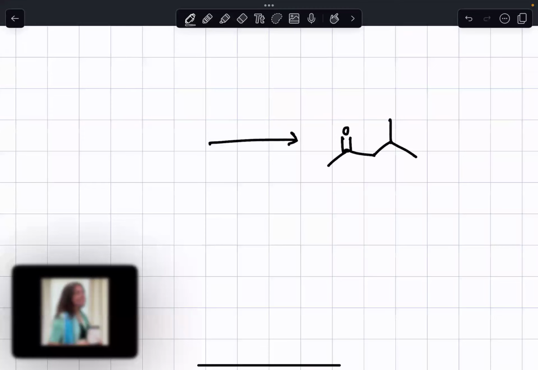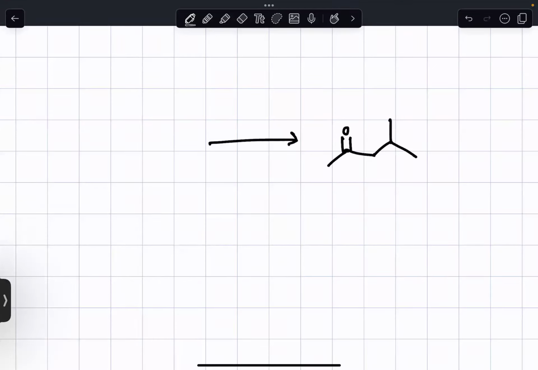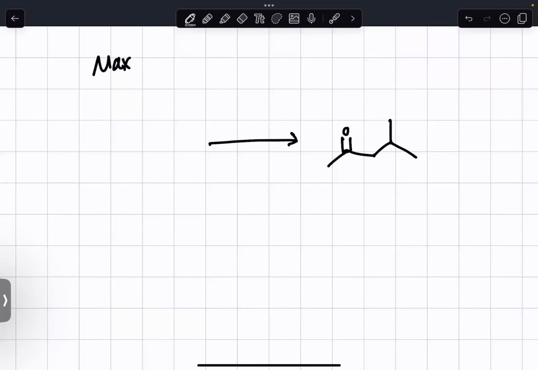Yeah. Okay. So an example synthesis where he restricts the max number of carbons you can use is this right here. Let's say he wants you to create this target molecule, and the max carbon you can use for the reactants is 3 carbons long, or C3.